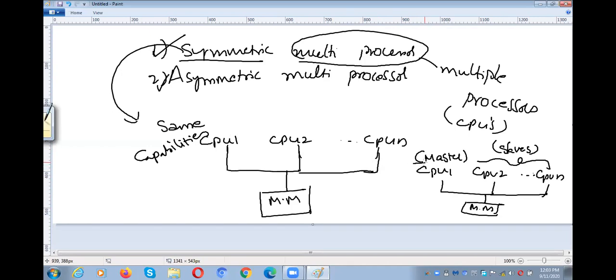That means the master will give the commands, and all the remaining processors need to follow the commands given by the master. The best example is server and client. The server will decide and the client has to do the work.